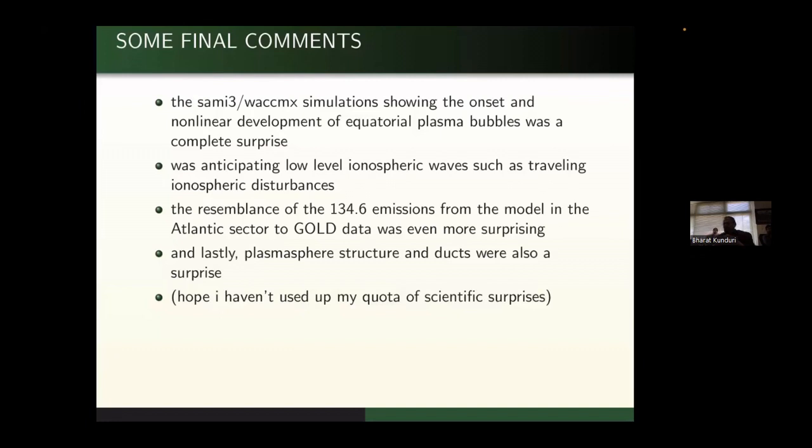I didn't emphasize or even mention it, but the meridional wind can play a significant role in this, primarily by redistributing plasma conductivity. There are some cases we've seen where the meridional wind, say it's equatorward, reduces the conductance and bubbles can form.